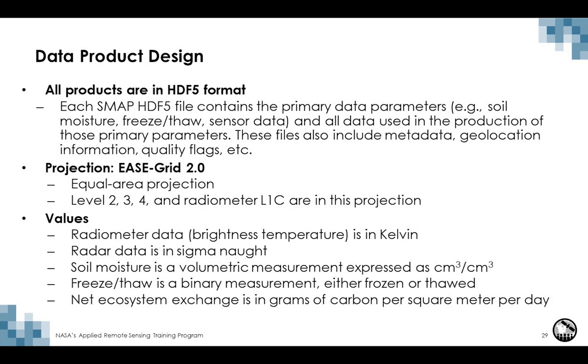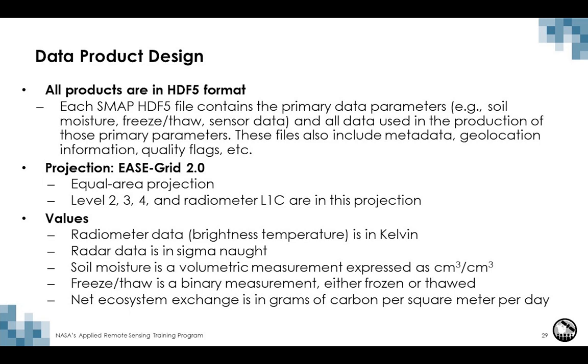Most of the products are available from about April or July 2015 through present. Most of the level 2 products have a 24-hour latency, so that's 24 hours between when the observation was made and you being able to access it and download the product from the Data Archive Center.